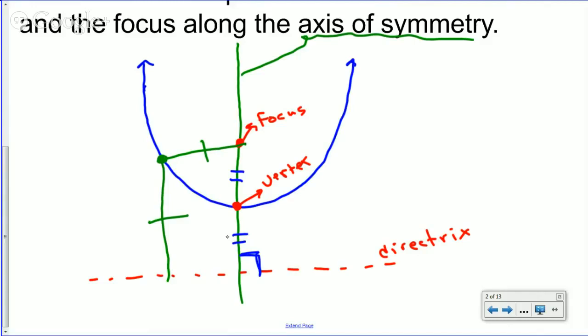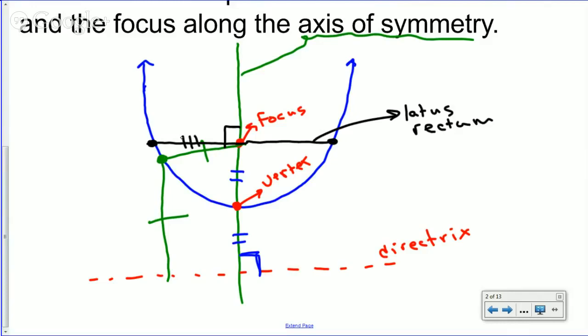And we also have another item that wasn't in the wording, but is really, really helpful. Let's just use black here. If I take a point here on the parabola, go through the focus to the other side, and that's perpendicular to the axis of symmetry, this line is called the latus rectum.